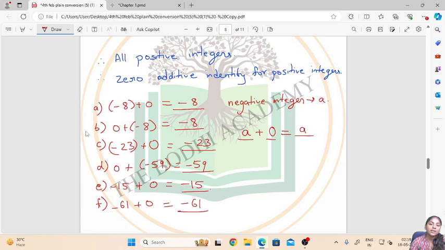Thus we say that the sum of any negative integer and 0 is the integer itself.